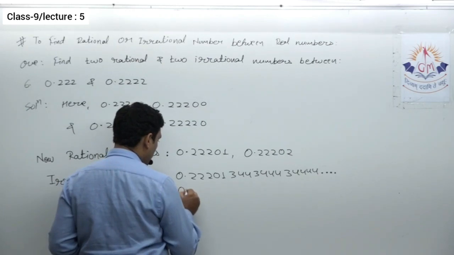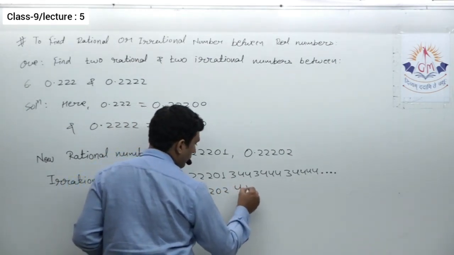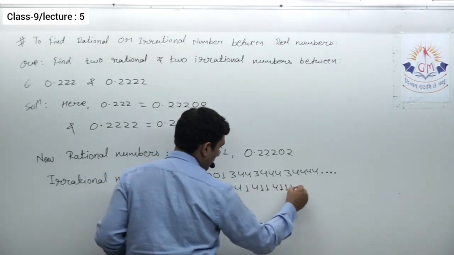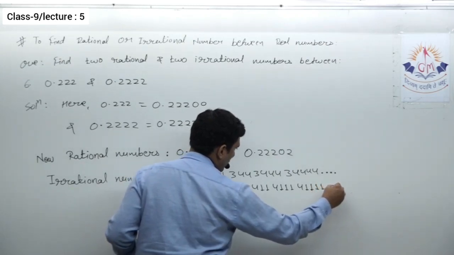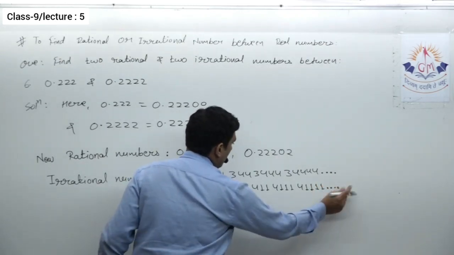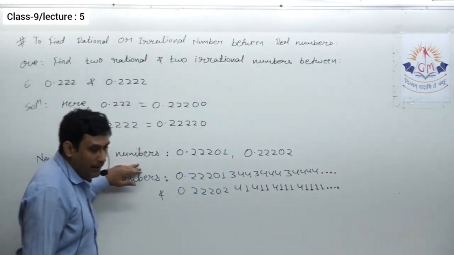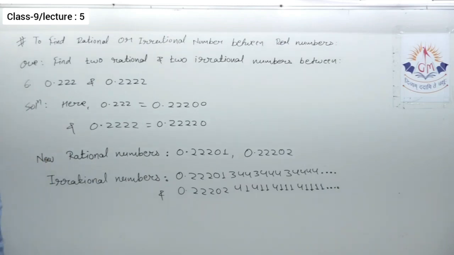And 0.22202, 4, 1, 4, double 1, 4, triple 1, 4, 4 times 1, and so on. Okay, so these are the required irrational numbers and rational numbers between the given set of numbers. Please take a note, and then we'll see the next question.